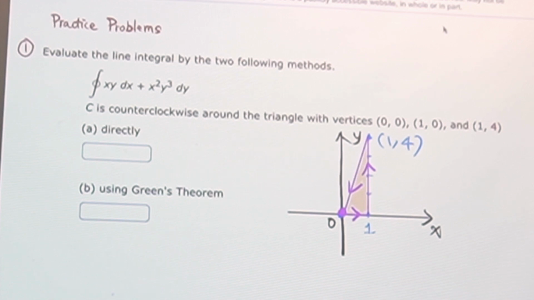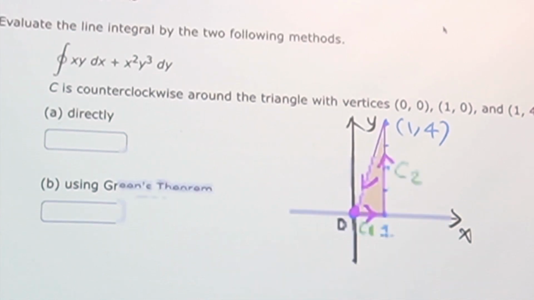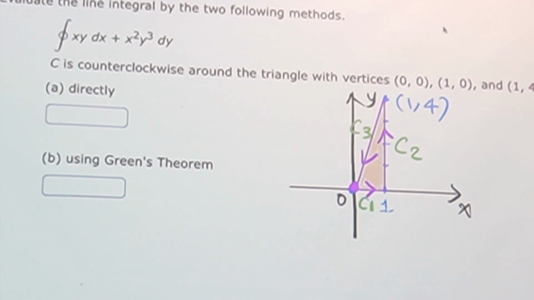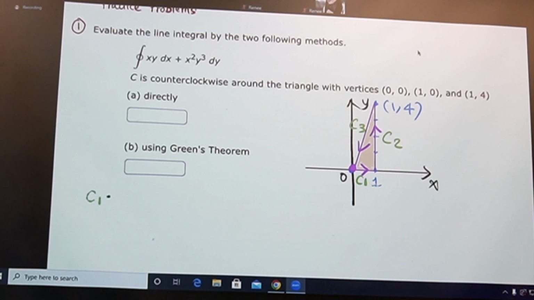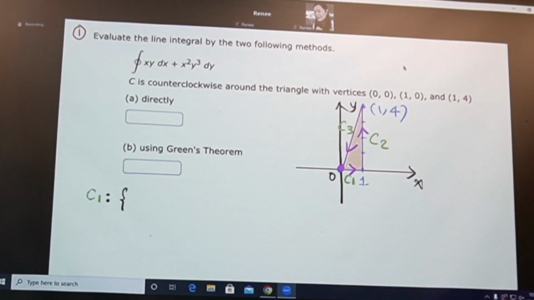So let's call this C1, and let's call this one C2. Can you guys see? And then this is C3. Let's parameterize C1. The y here will be equal to 0, so that's easy. But x is equal to x.